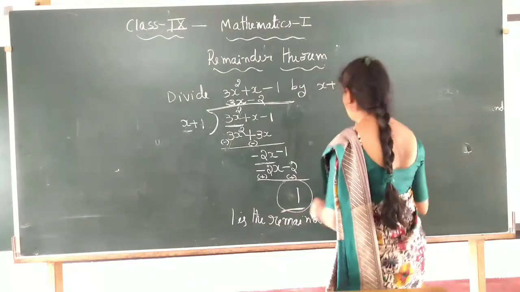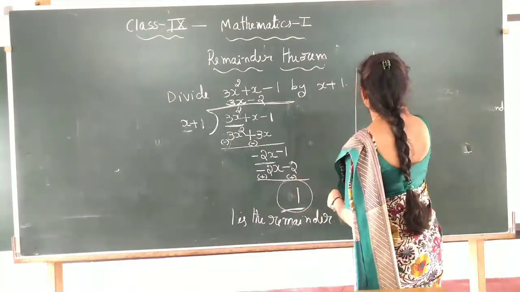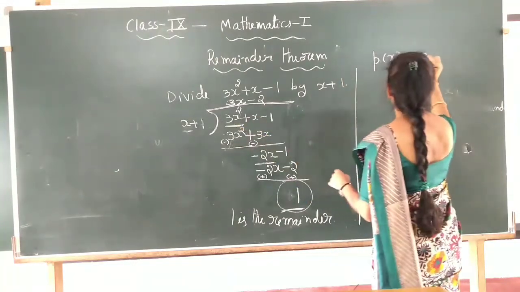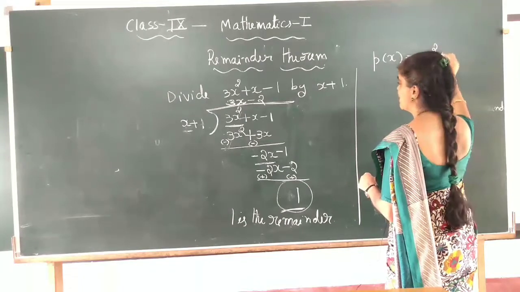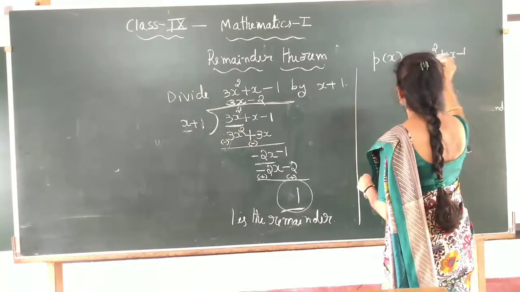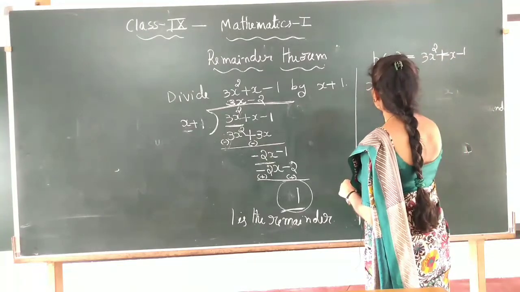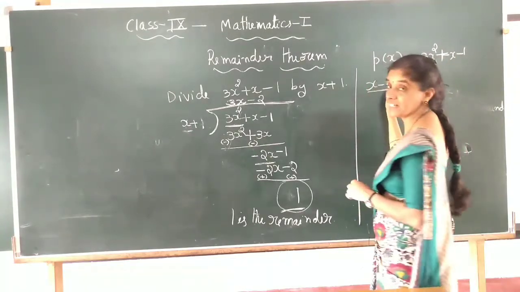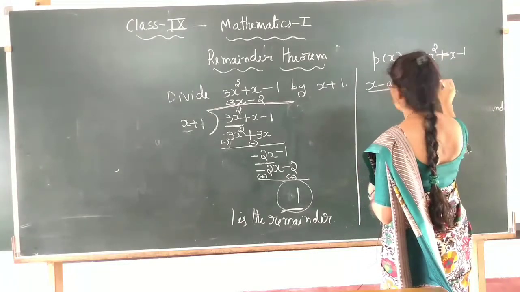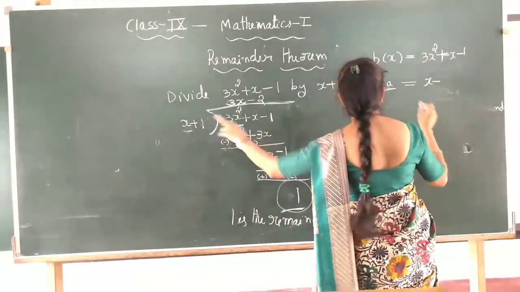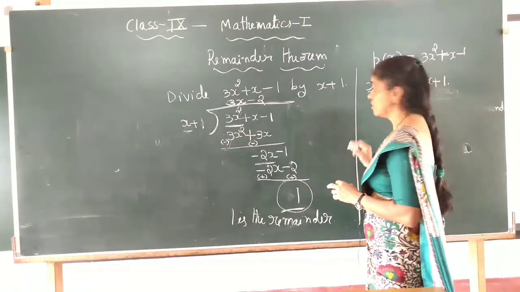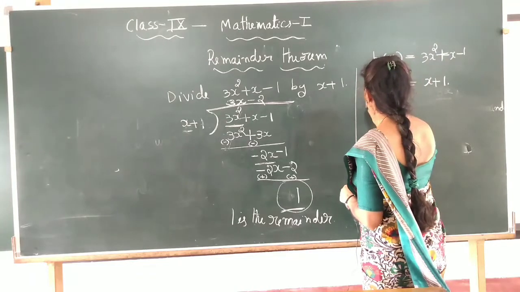Okay. Now I will apply this remainder theorem in this case. Here p(x) is 3x square plus x minus 1, and the divisor x minus a is nothing but x minus, which number have we taken, not minus here, it is plus, x plus 1. Now what is the remainder here?